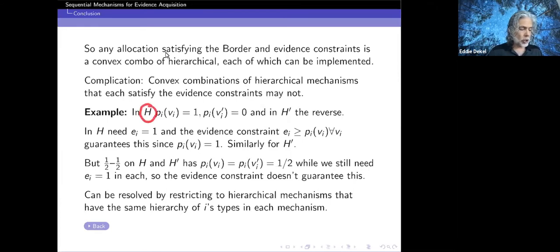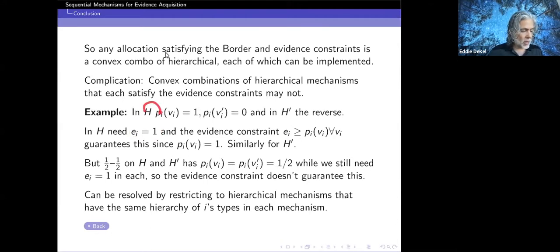The hierarchy H, in which there's only one player really, player I, and there's only two types, VI and VI prime. In H, we give it to VI with probability 1, and in H prime, we give it to VI prime with probability 1. So in H, we need EI to be 1, and the evidence constraint, EI greater than PI of VI, gives us that, because PI of VI is 1 and EI is 1, so we're on solid ground.